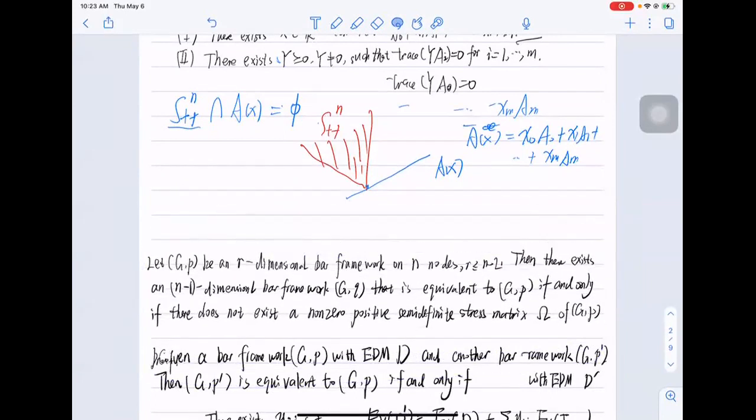So A X is contained in A bar X, and A bar X is a linear subspace.